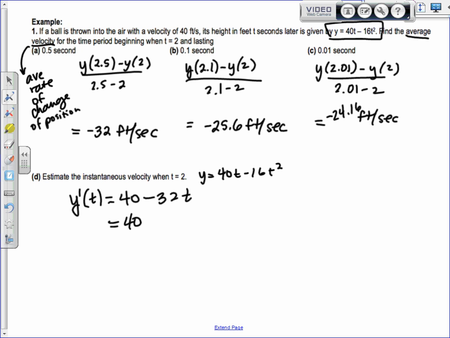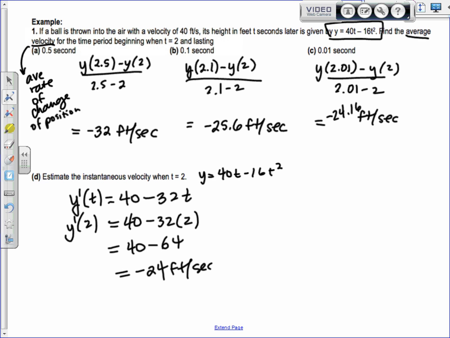So we plug in: y prime of 2 is equal to 40 minus 32 times 2, so 40 minus 64, so negative 24. So it should be negative 24 feet per second at that exact point. At exactly 2, your velocity is going to be negative 24. You guys see how I got that? Okay.